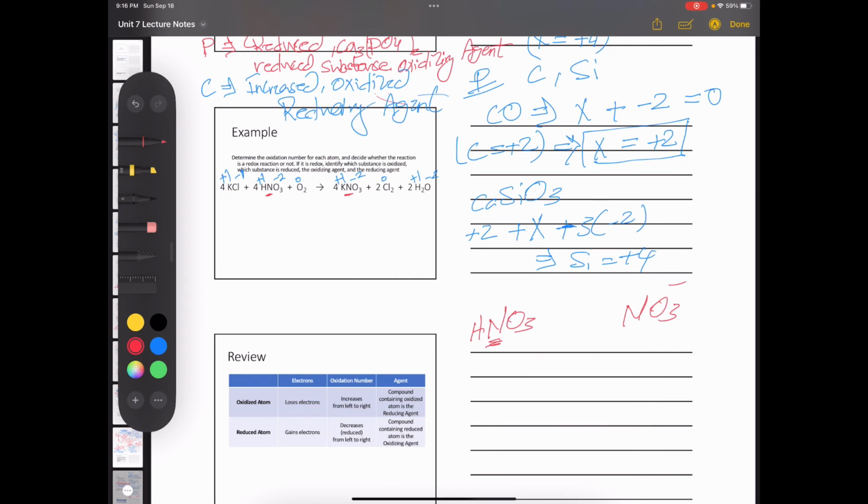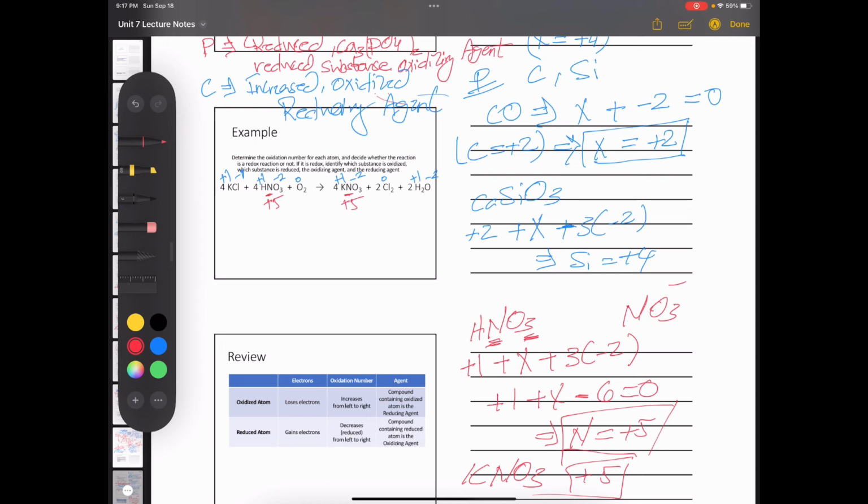So in this case, to calculate for the nitrogen: +1 for the hydrogen, plus x, plus 3 times -2. x minus 6 equals 0. And then the oxidation number for the nitrogen is +5. Now for the KNO3, the oxidation number should also be +5, and I'll let you figure that out. So this will be +5, and this will be +5.